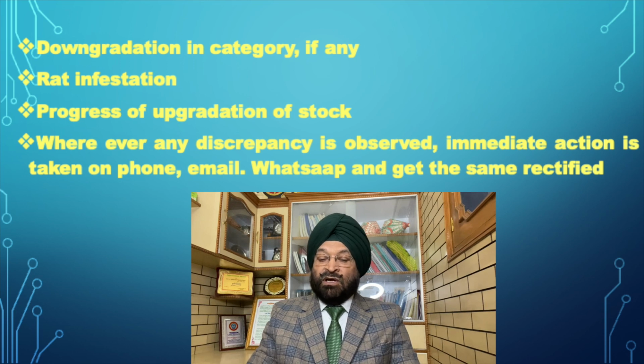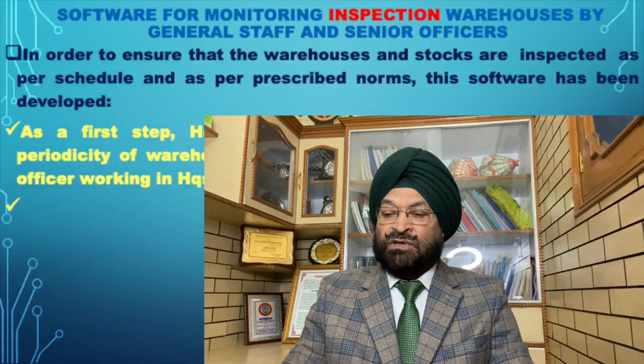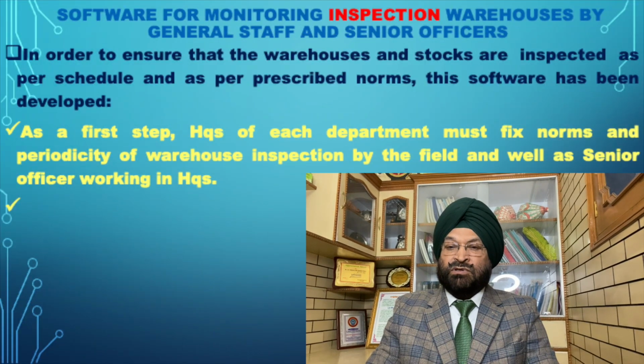Then wherever a discrepancy is observed, immediate action is taken on phone, email, WhatsApp, and the same is rectified. This is the benefit. Inspection of the food grain and inspection of the warehouses is the topmost priority of the management.